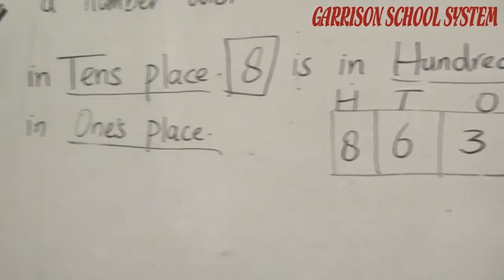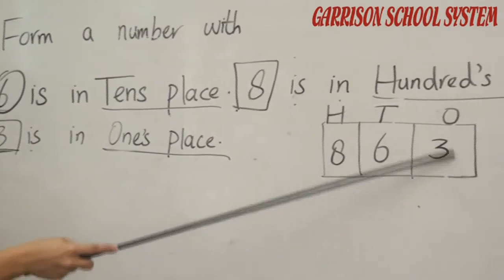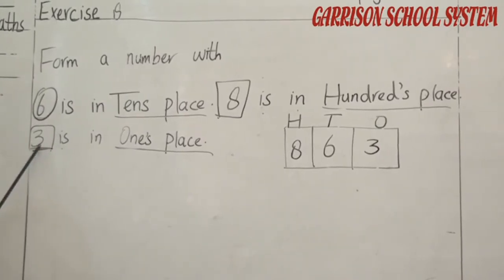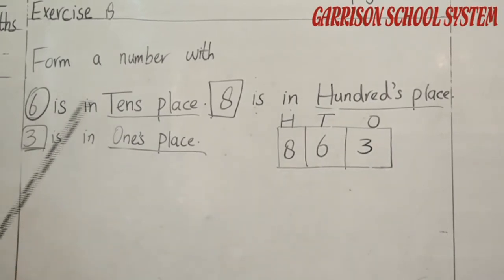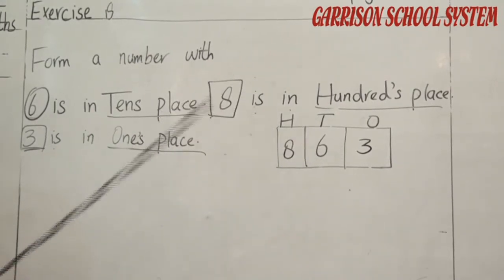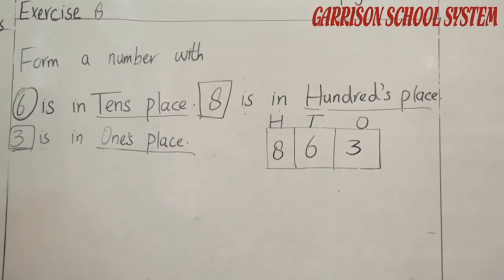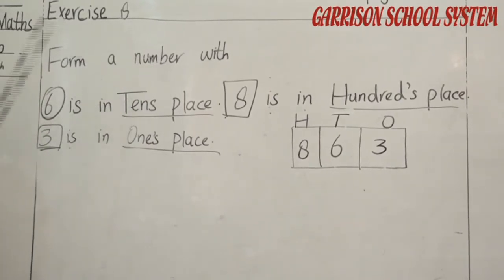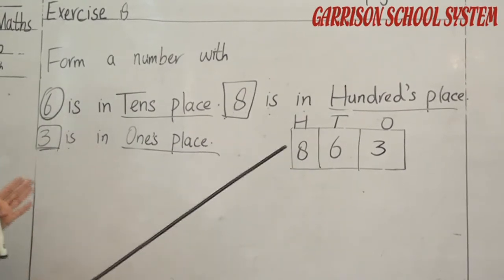Which number is in ones place? 3, and we write 3 in its place. Next is tens. 6. We write here 6. Next, hundreds. 8. We write here 8. Okay, students. In this exercise, we have to focus on the statement. When we read the statement carefully, we will be able to solve our sum well.